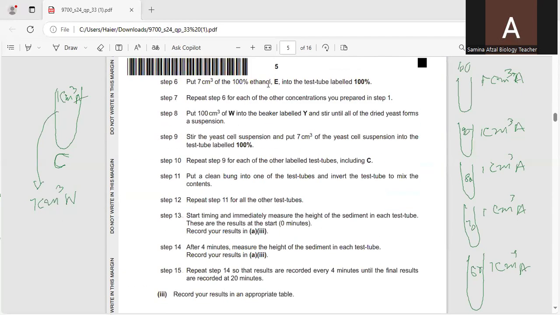Then in the next, put 7 cubic centimeter of 100% ethanol E into the test tubes labeled 100. Now we are using ethanol.